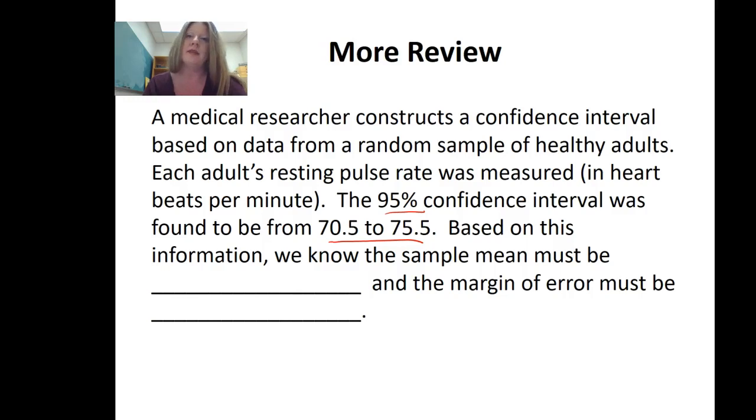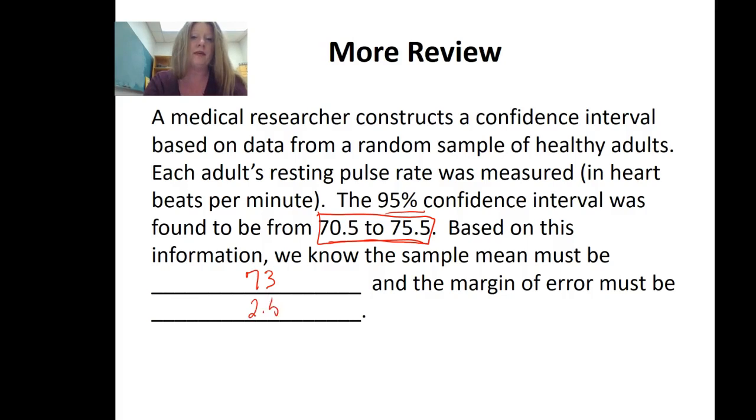Well, again, thinking back to what we just did, the sample mean, that's the basis for our interval. We take that and add and subtract a margin of error to get this interval. So the sample mean is going to be the average of these two values. When you figure that out, you're going to get 73. So 70.5 plus 75.5 divided by 2 equals 73. And then how far away is 73 from 75.5 and 70.5?